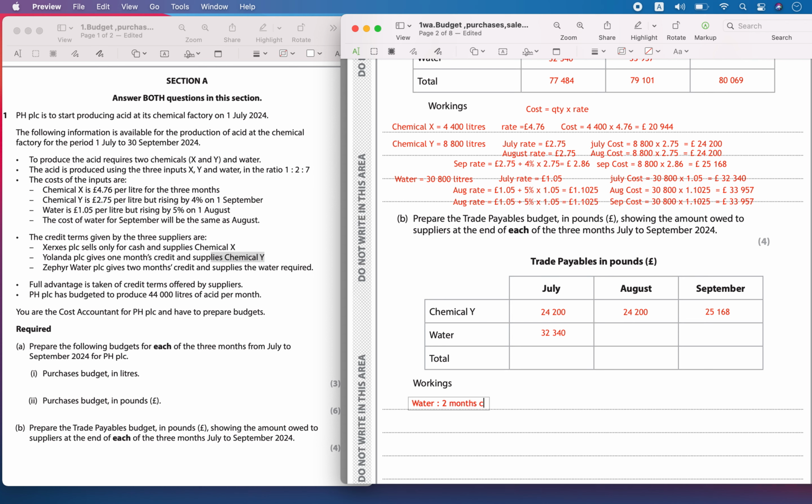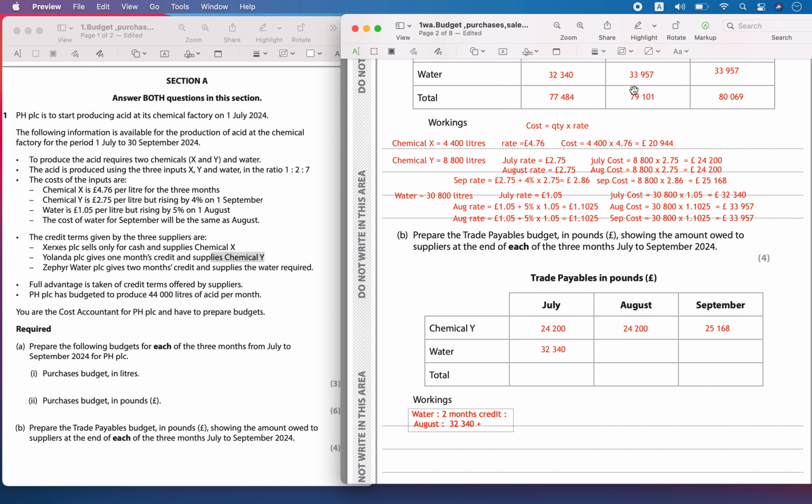2 months credit is given. So for the August month, it will become equal to 32,340, which I still need not pay, and I need to purchase some more, that is 33,957. So the total value I can still maintain as a credit.